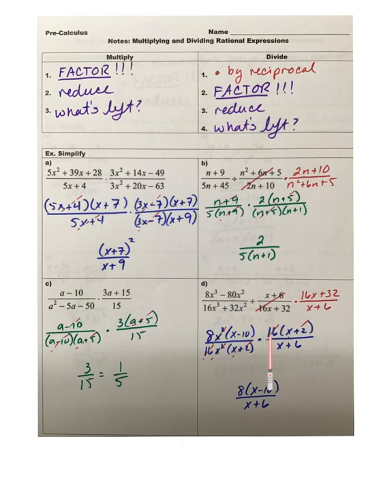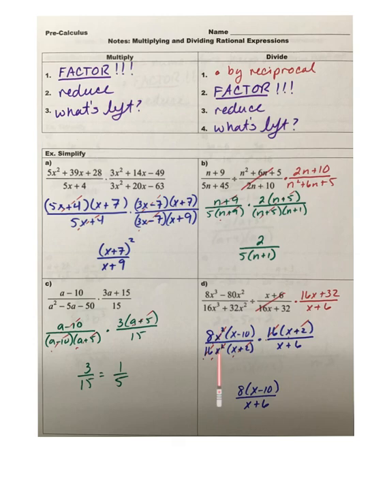Here there's a 16 in common, which leaves x plus 2, and x plus 6 doesn't factor. So we can see, oh, look, the x plus 2s cancel. The 16s cancel. The x squared cancels. So what's left is 8 times x minus 10 over x plus 6.